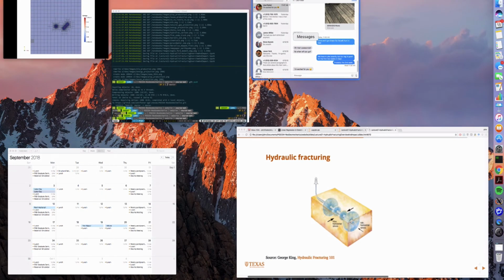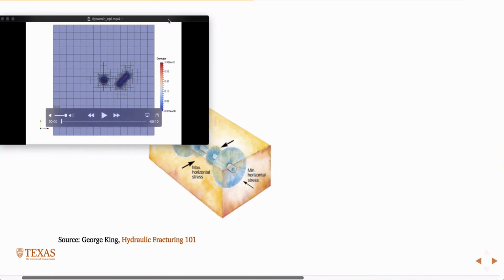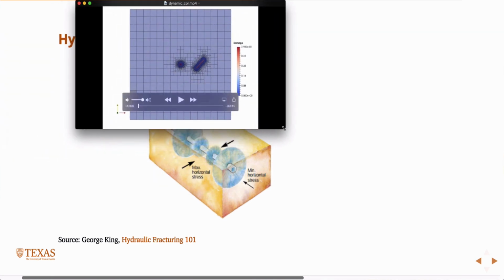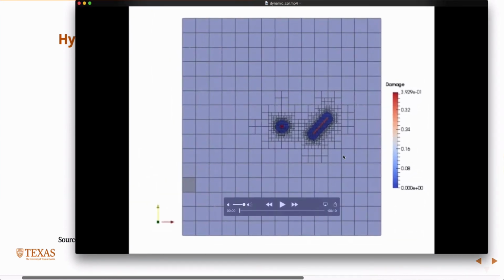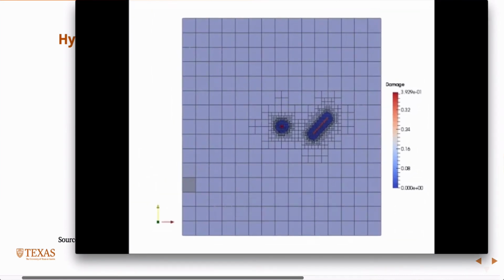And we develop models that sort of look like something like this. So this is a computational model that can actually predict a hydraulic fracture. I don't have time to go into all the details, but basically we're going to inject fluid there, and this is a natural fracture in the earth, and you'll see the hydraulic fracture grow and interact with the natural fracture.